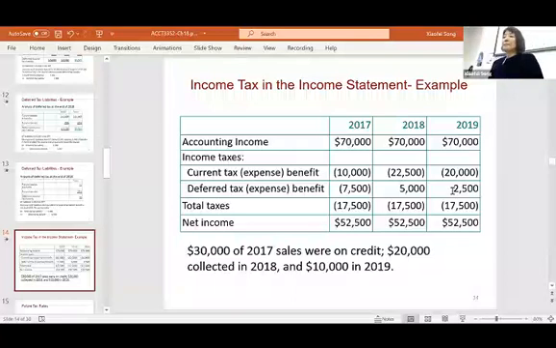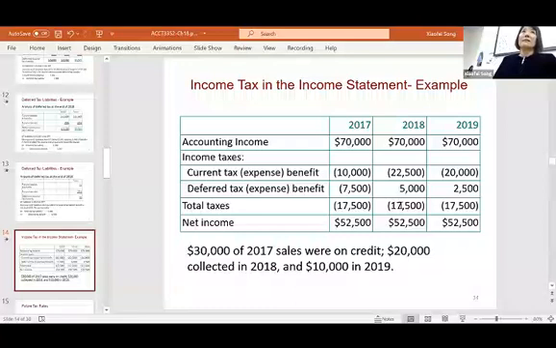So that's for the second year. The taxable income, I think, is 90,000, and so the current income tax expense is 22,500. And then we have a 5,000 deferred tax benefit.